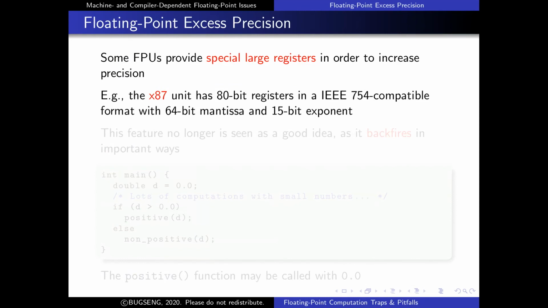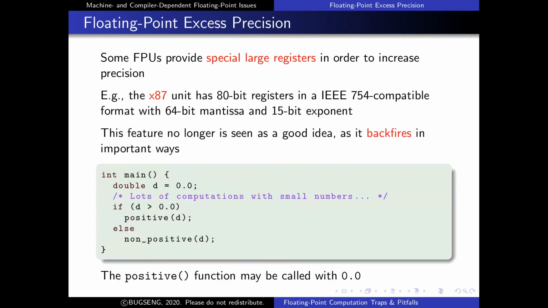They have 64 bits of mantissa and 15 bits of exponent. So they are larger than a double precision floating point number in the standard. This feature is no longer seen as a very good idea. The intention was good. The intention was to compute with a larger precision.